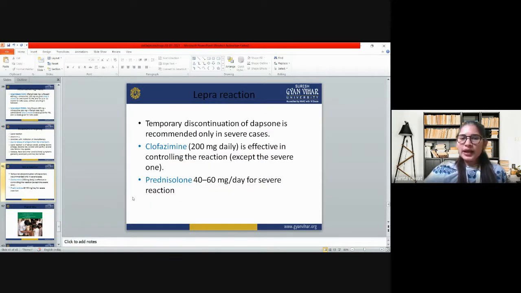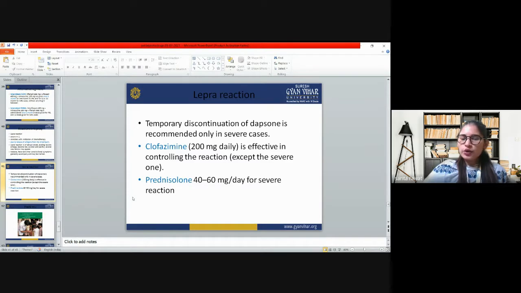In lepra reactions, temporary discontinuation of dapsone is recommended only in severe cases. Clofazimine at 200 mg daily is effective in controlling the reactions of leprosy, except the severe ones.